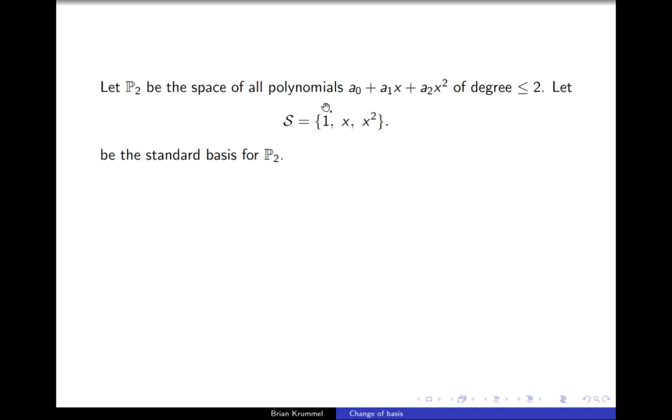So every polynomial can be written as a linear combination of the basis vectors, or the basis polynomials, where the weights are just the coefficients in the polynomial. So then it's natural to ask, what is the S coordinates of p of x equals 3 plus 5x plus 7x squared?